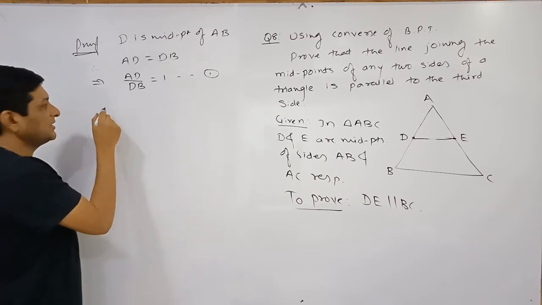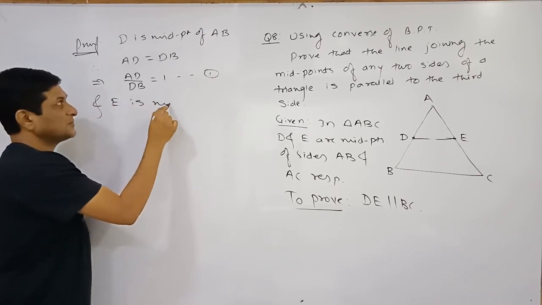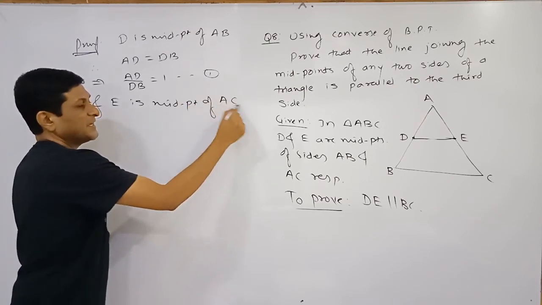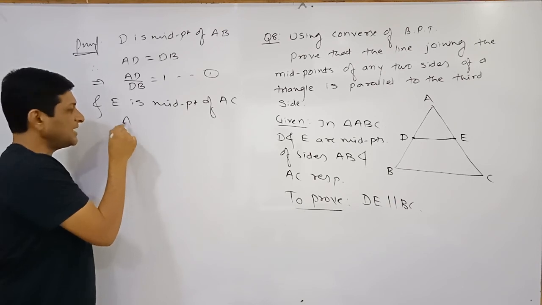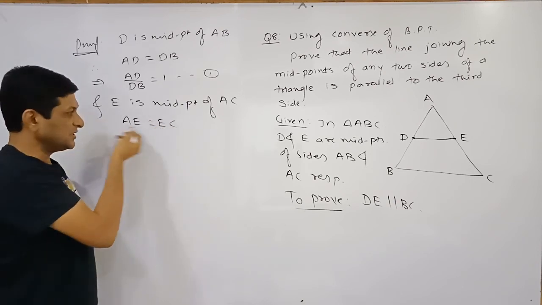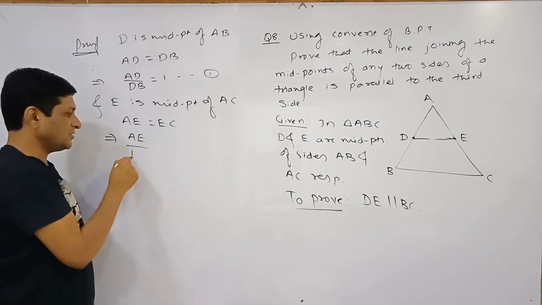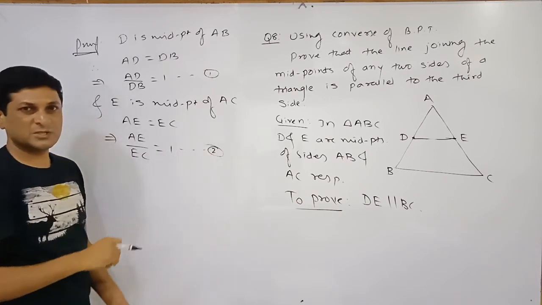In the same way, E is the midpoint of AC. If E is the midpoint of AC, then AE will be equal to EC. If these two sides are equal, the ratio will be equal to 1. Let us denote this result by equation number 2.